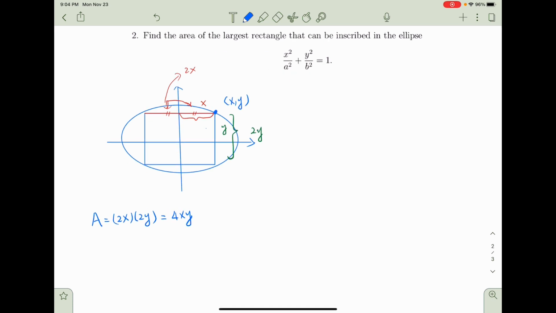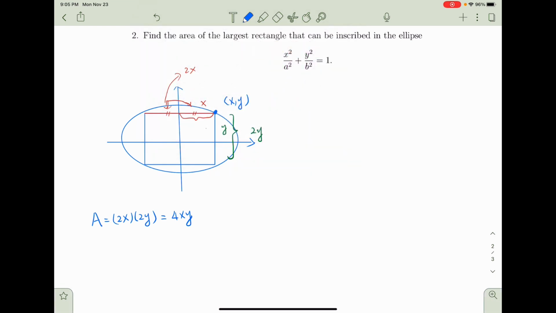And we also know that we can only have one variable, so we need to eliminate one of these two variables, either x or y, right? Like how we do the questions for the related rates questions. We eliminate one of the variables by using some kind of relation.